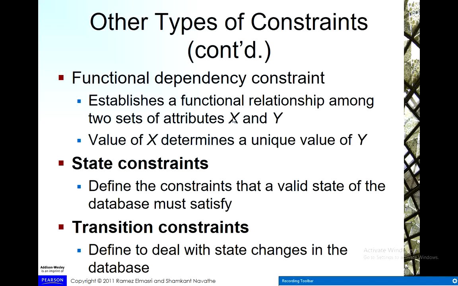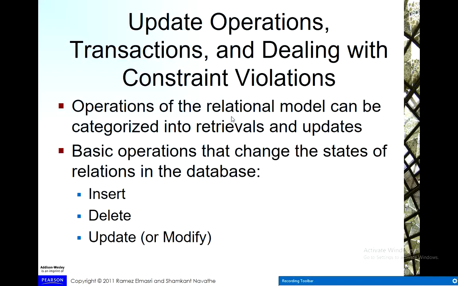Also, there are transition constraints, which apply when the database changes due to specific processing or a transaction. So the transition constraints deal with the change in the database throughout the database processing or during the execution of specific transactions.